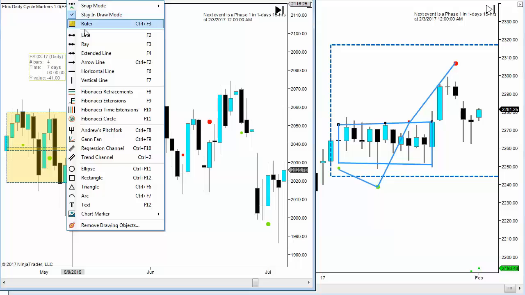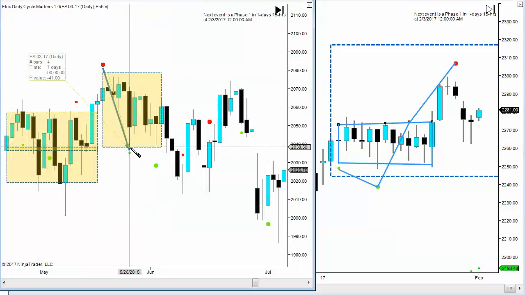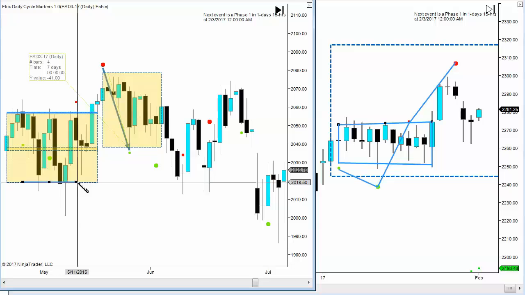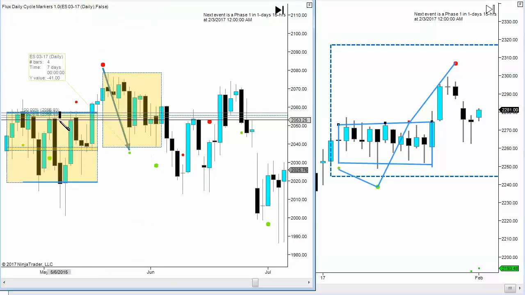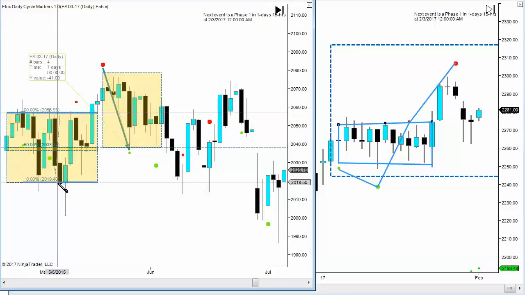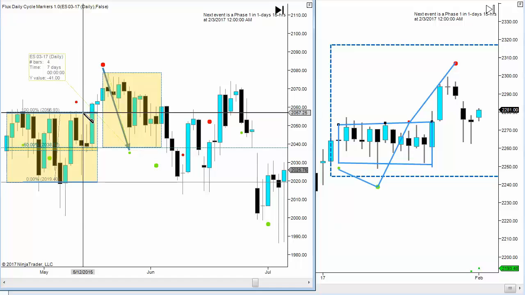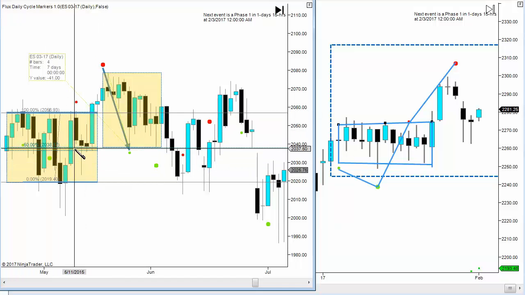Let me repeat that. From the phase 4 to the phase 1, the market pulls back, using the bodies of the candles, approximately halfway between the high and the low of the bodies of the candles of this check mark box that we described in our consolidation phase.